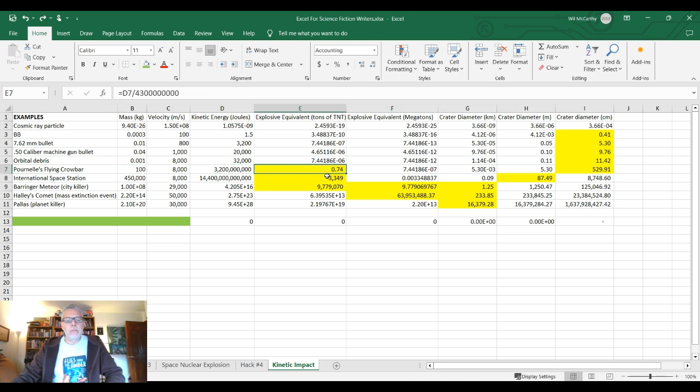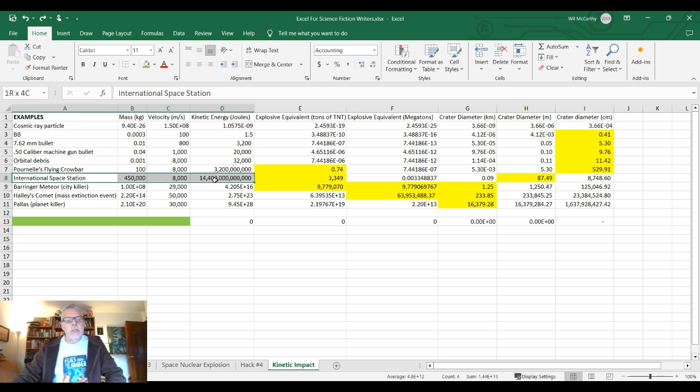Interestingly, one flying crowbar that strikes the ground at 8,000 meters per second has an explosive equivalent of about 75% of a ton of TNT. That'll give you an idea of what that impact is like. It's much more like an explosion than it is like a BB striking a surface.